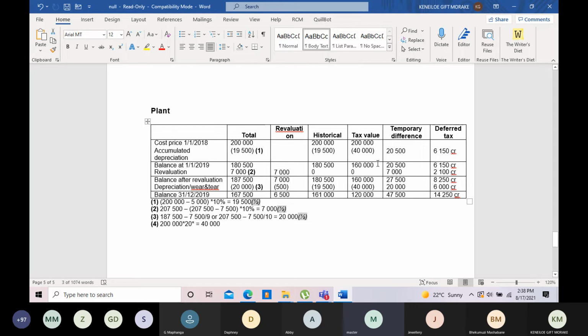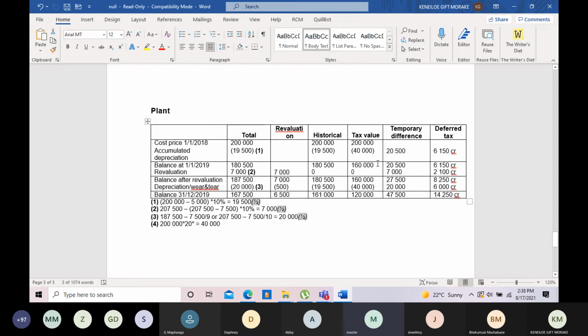So number 4, they say assume a tax rate of 30% for the year under review and prior years. If they say under review, they mean for the current year you're using the 30%, and for the prior or previous years you're going to use the same percentage. So this is the tax rate.